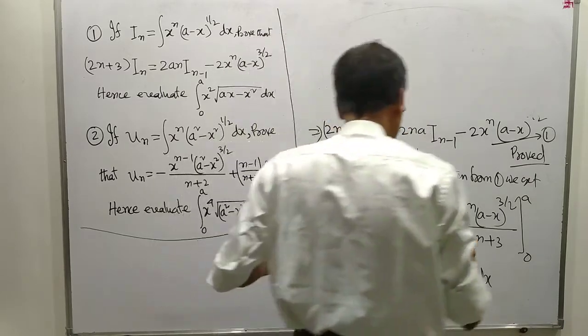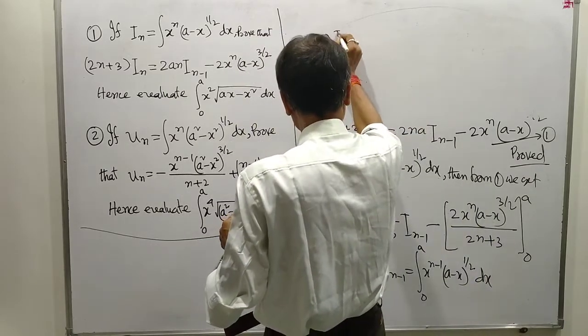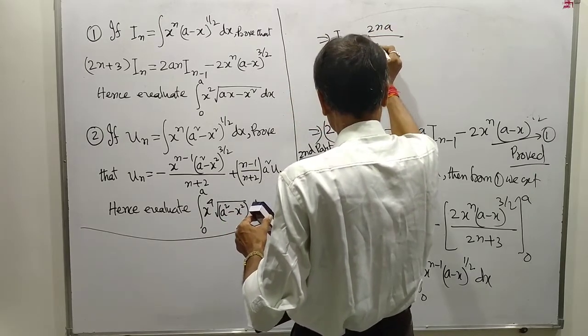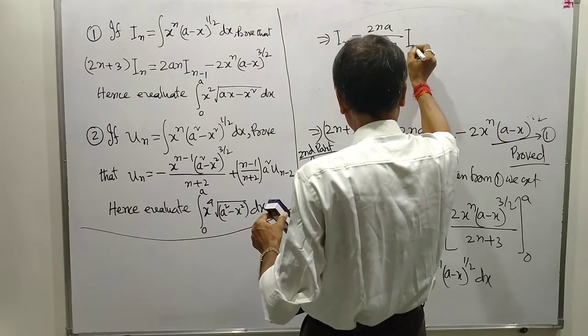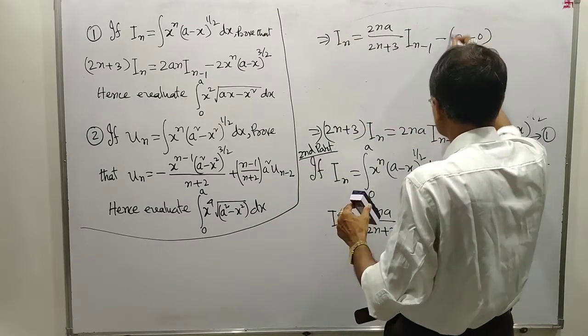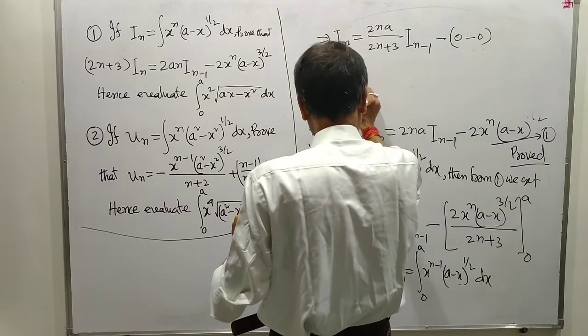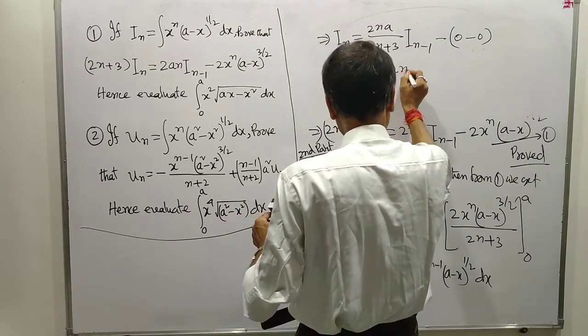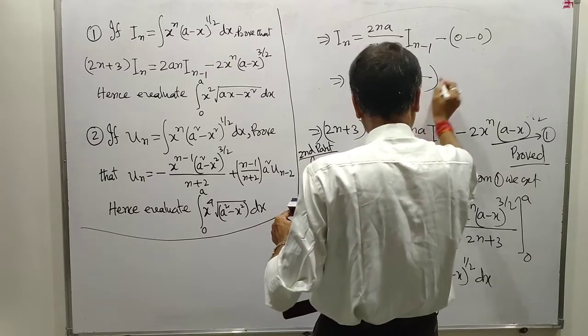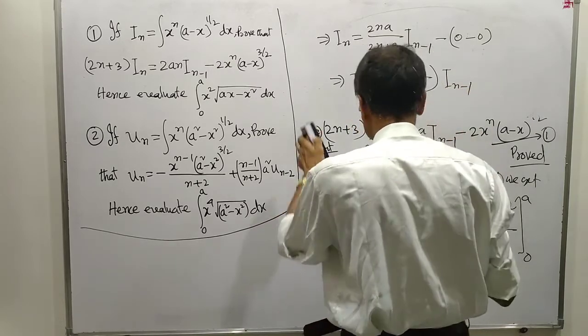Therefore, you will get I_n equal to twice n a by (twice n plus 3) I_{n-1} minus 0 minus 0. This means I_n equal to twice n a by (twice n plus 3) I_{n-1}. You will get this one.